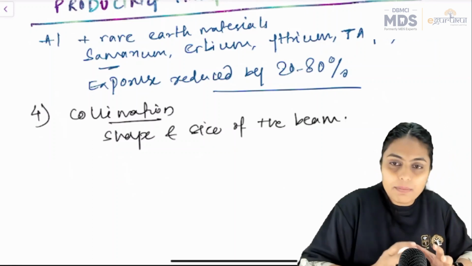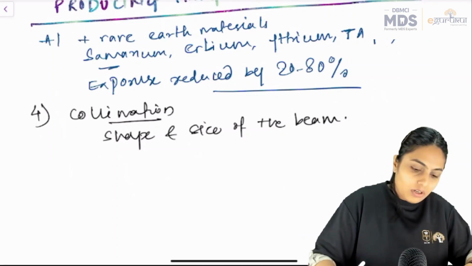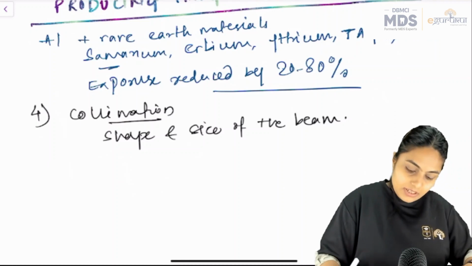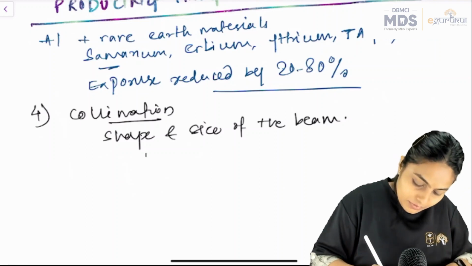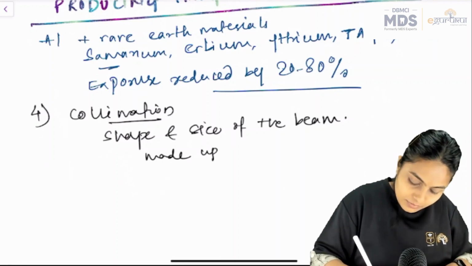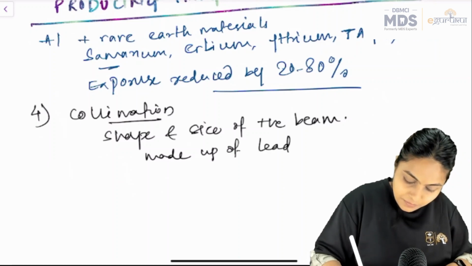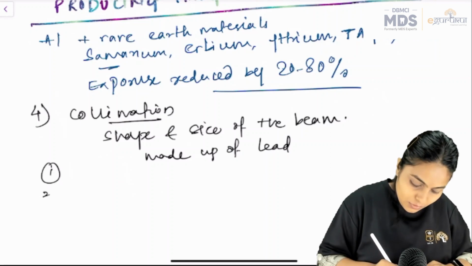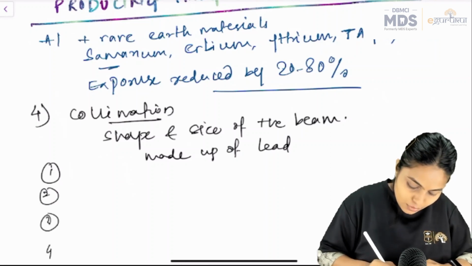It is basically made up of lead, and we have four types of collimator that are commonly used.